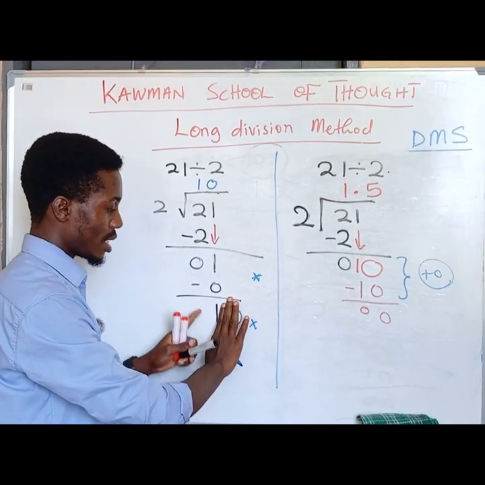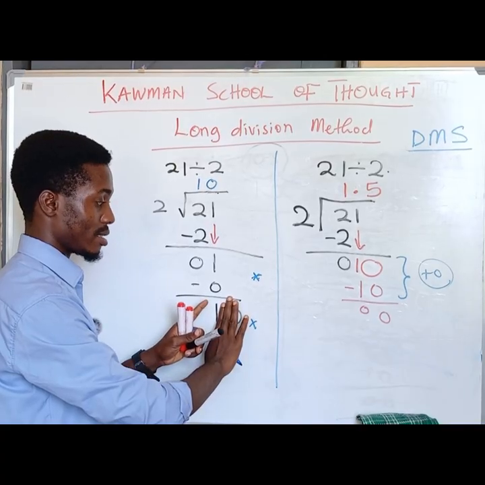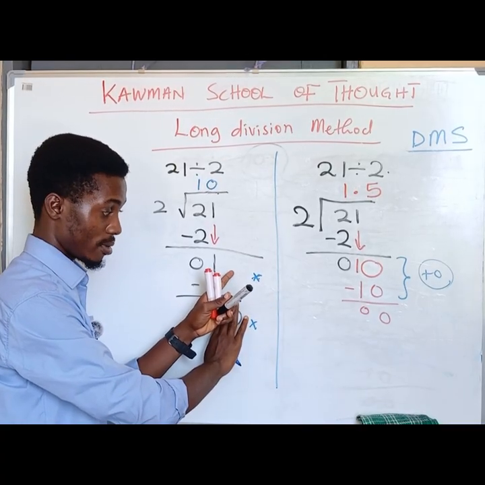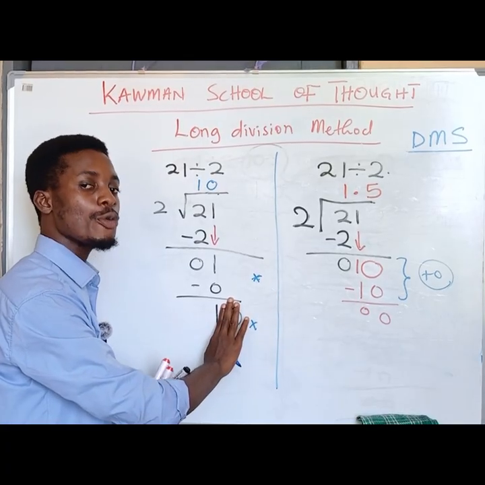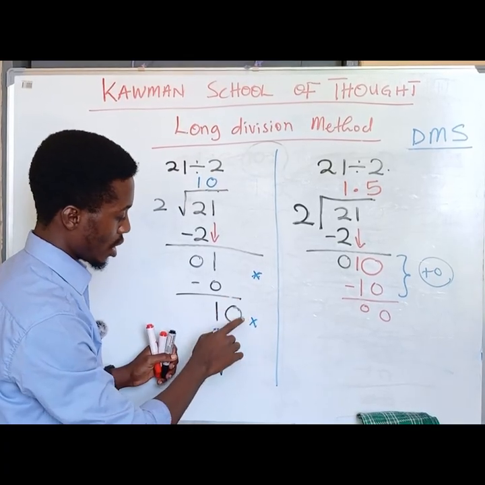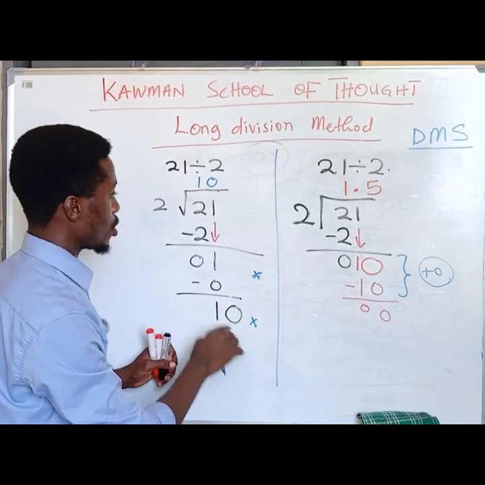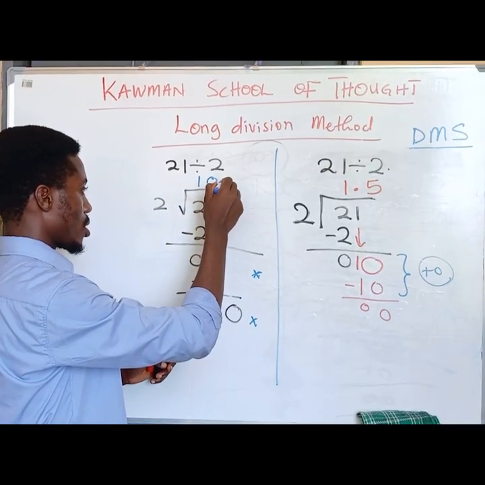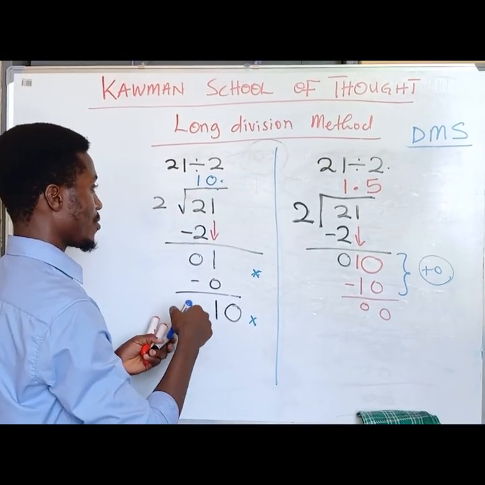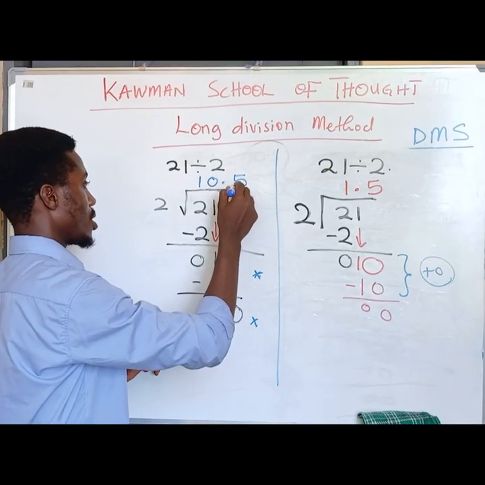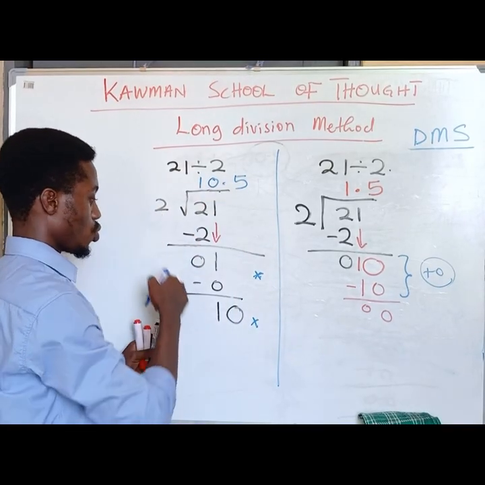The difference is that this is a remainder and this is a whole number that was brought from the top. You get it? So you only add the 0 to the remainder. So 1, add 0 to it. Now you have 10. Then you bring your point. So 2 goes into 10 how many times? That's going to be 5 times. Then 5 times 2 is what?